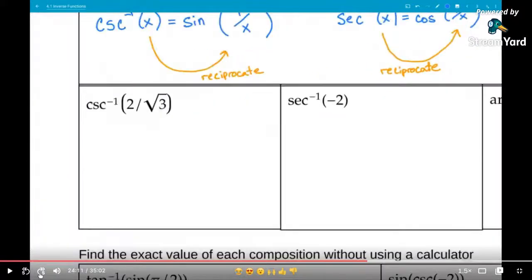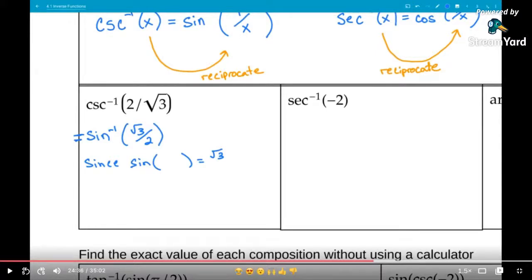So applying those, I immediately change the inverse cosecant to inverse sine, and I'm going to reciprocate the inside. And now I practice what came before this.